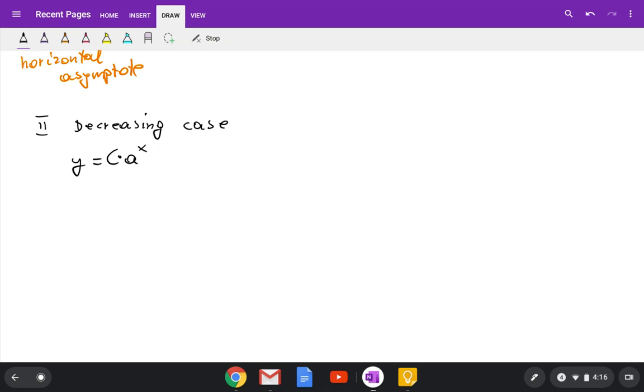How are you going to know it's decreasing? The base is greater than 0 but less than 1. Let me just show you an example. An example of a decreasing function can be y equals 1 times 1/2 to the power of x. Like you see, this is your base, and the base is less than 1. However, it's greater than 0.